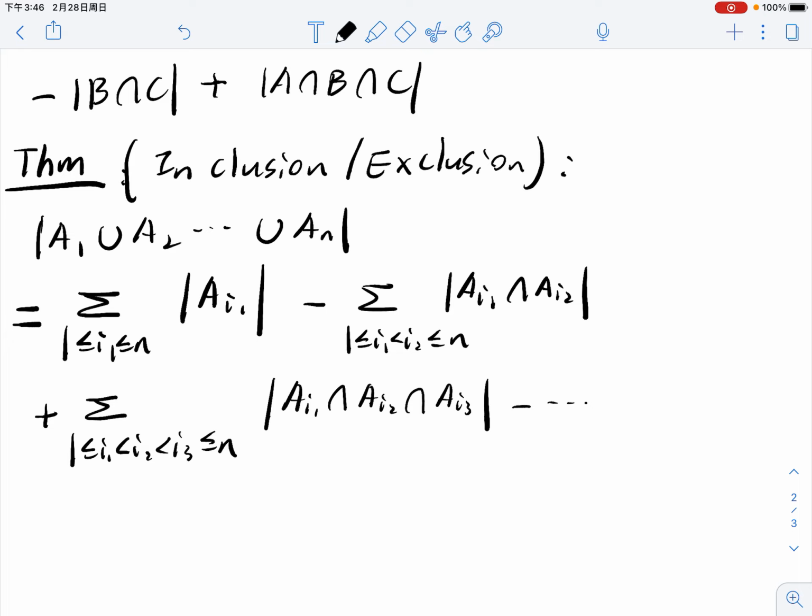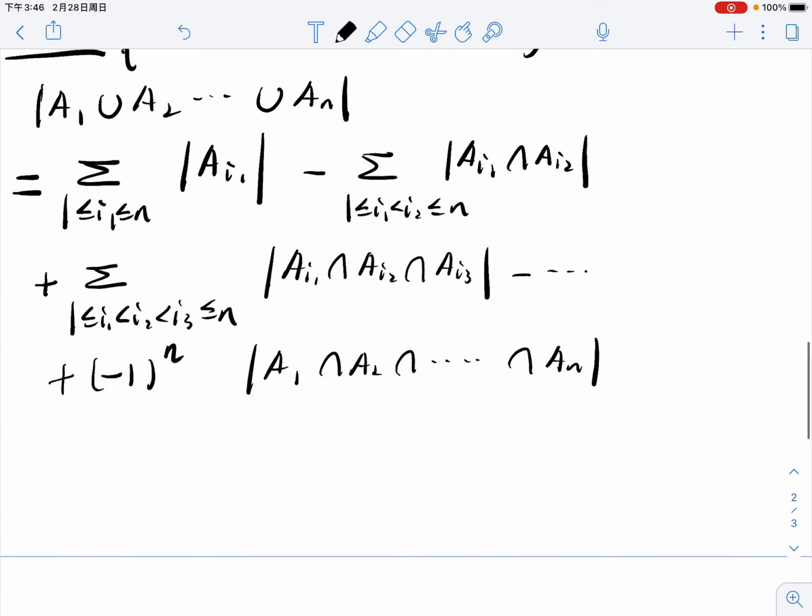The last one is minus 1 to the nth power, A1 intersection A2 intersection all the way to An, and then take the cardinality.